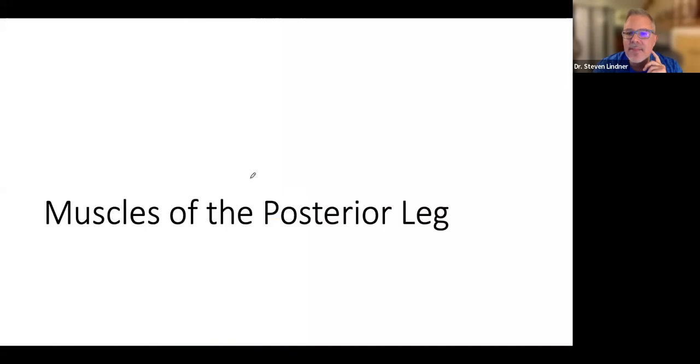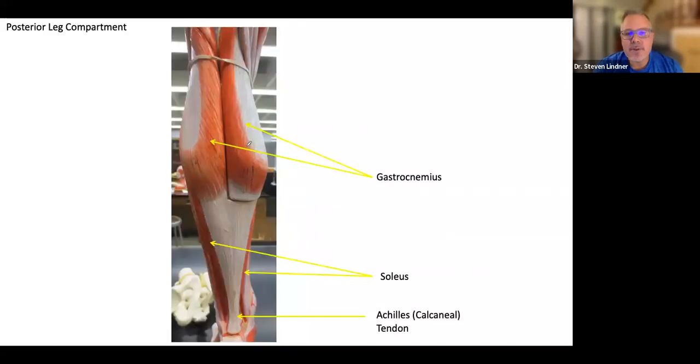Now we're going to look at the posterior leg. When we look at the posterior leg, the most obvious and largest muscle that we see superficially is the gastrocnemius. However, the gastrocnemius has two heads. This is medial, this is lateral. So the pinky toe is here, the great toe is over here.